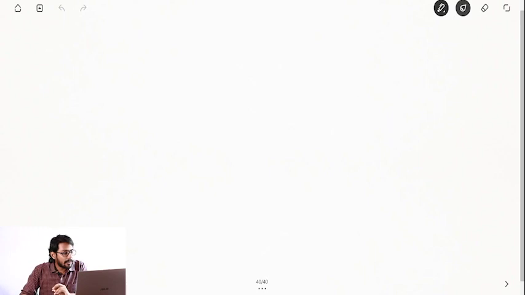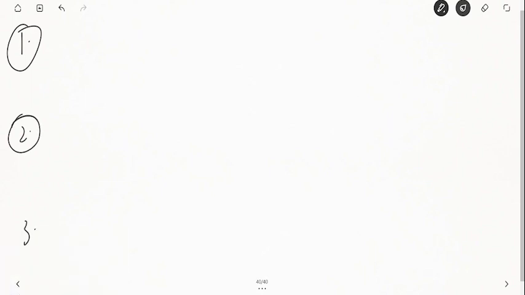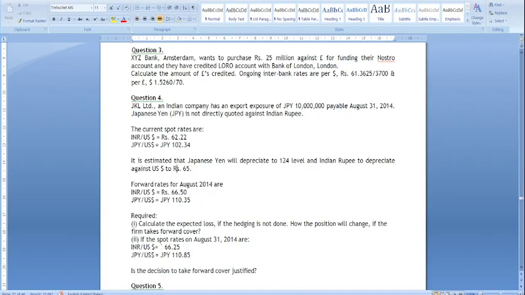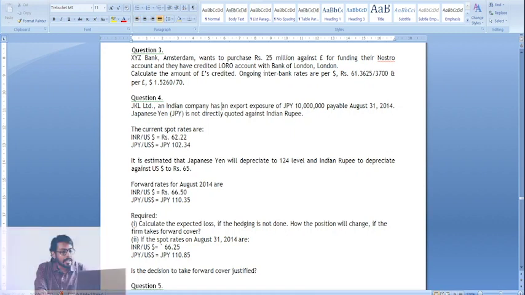So I want you to compute part 1. What is the amount? Is it a payable or receivable? It has an export exposure payable. See, here the word payable is there. However, it's an export exposure.